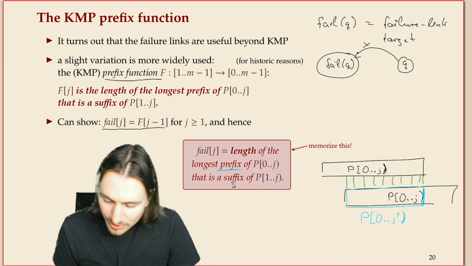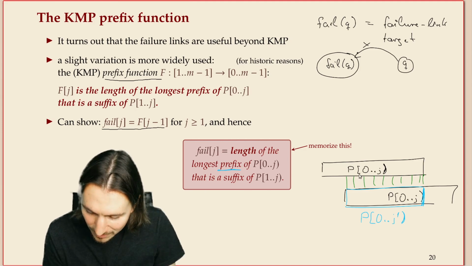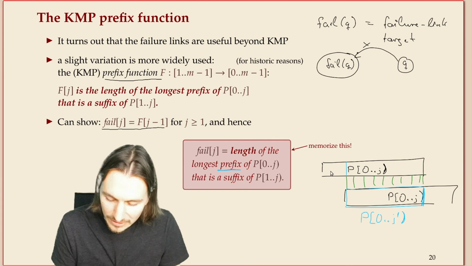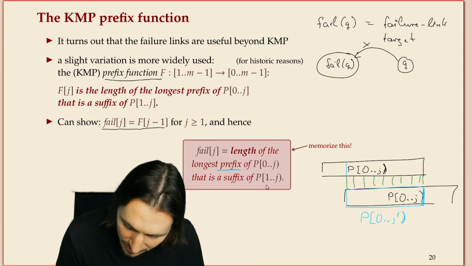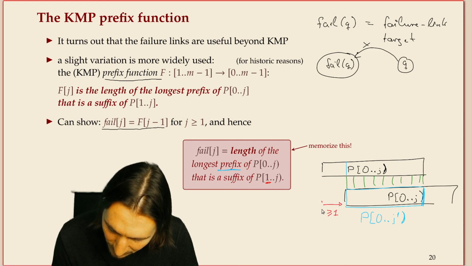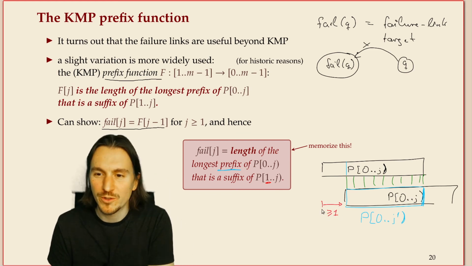That is also a suffix of, that occurs again here, a suffix of this, and at least one character of the pattern is omitted. So this means that here is at least one character of a gap. We shift this right by at least one position.